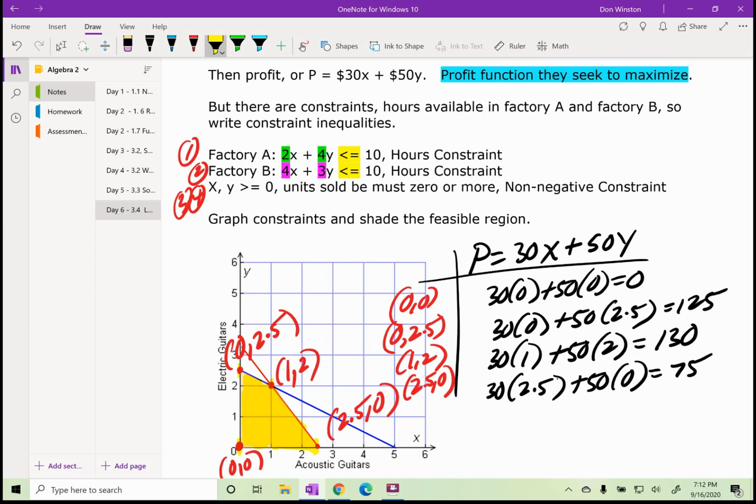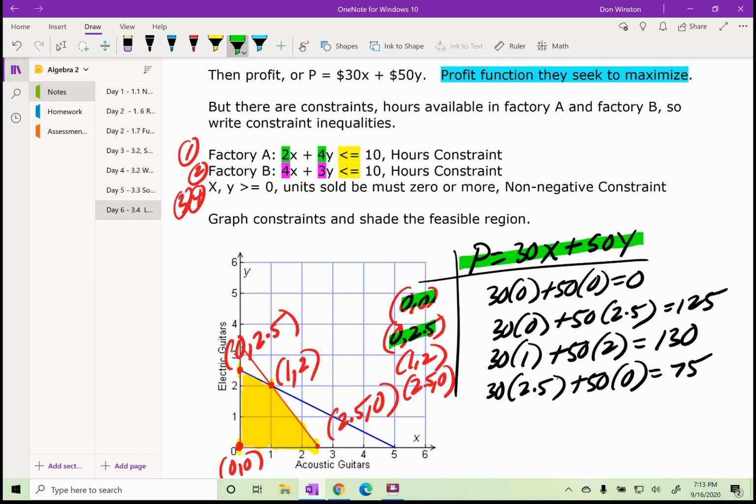Okay, so what we have to do in linear programming, we have to take those corner points and then we have to plug them into our objective function. They want to maximize profit, 30x plus 50y. So when I take 0, 0 and I plug it in, I get 0. When I take the corner point 0 and 2.5 and plug it in, I get 125.